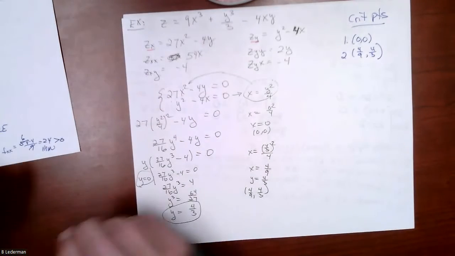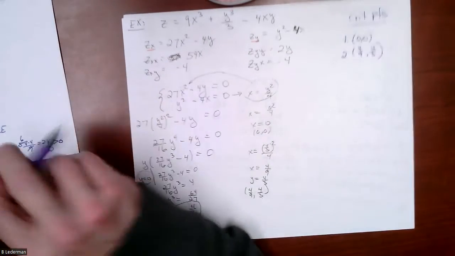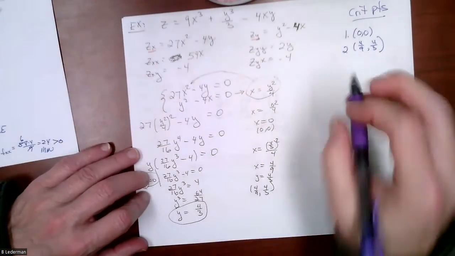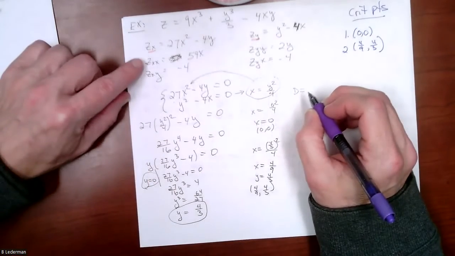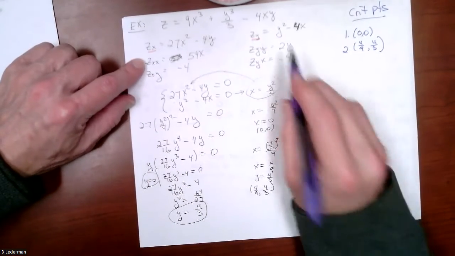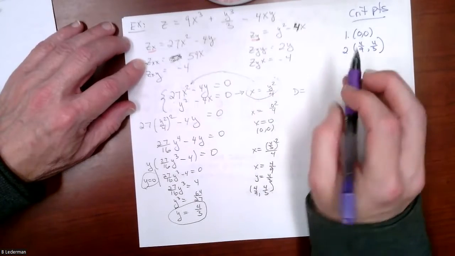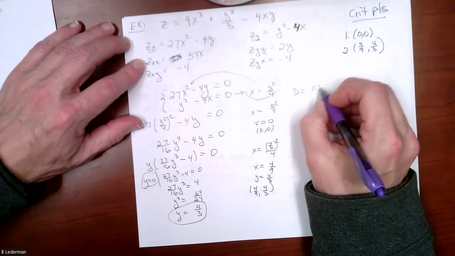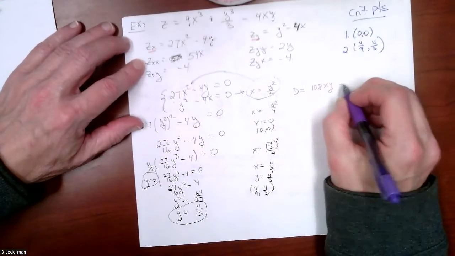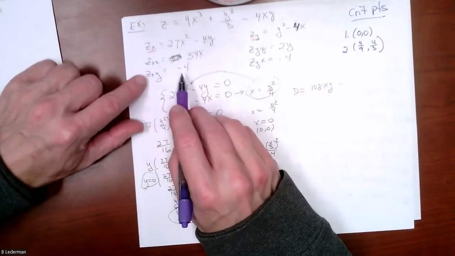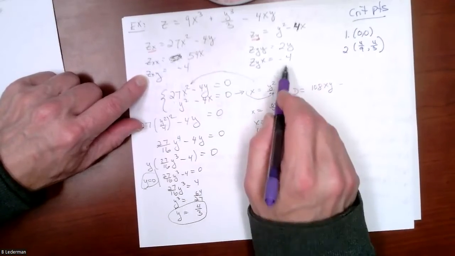Now to test them, I need to find D. D is going to be zxx times zyy, which is, let's see, 54 times 2 is 108, minus zxy times zyx, which is minus (-4) times (-4).